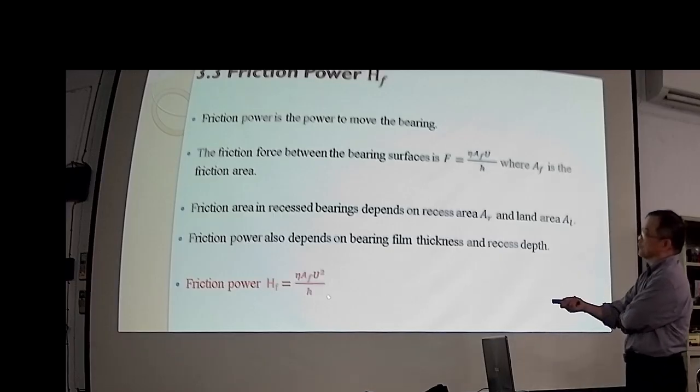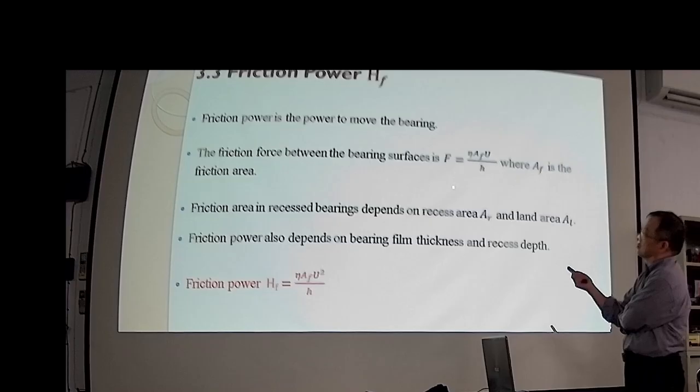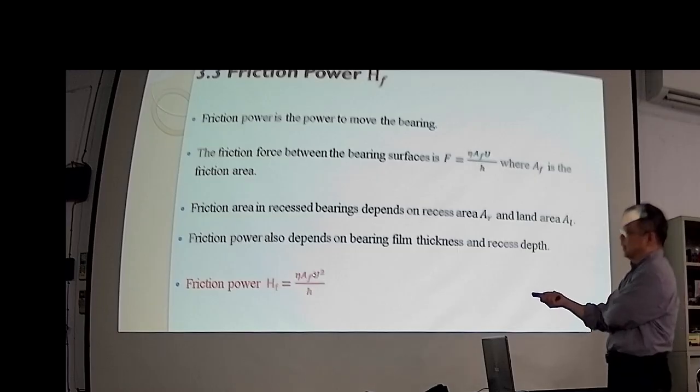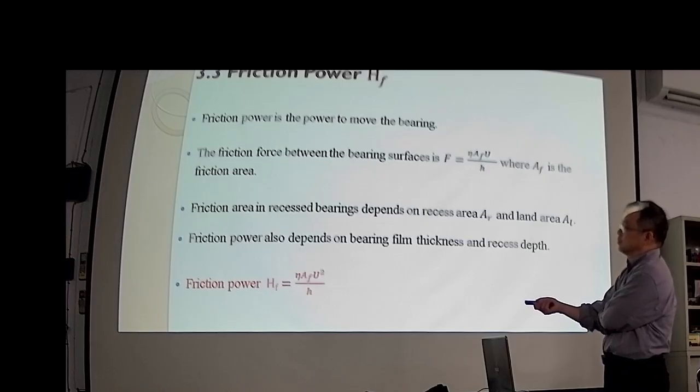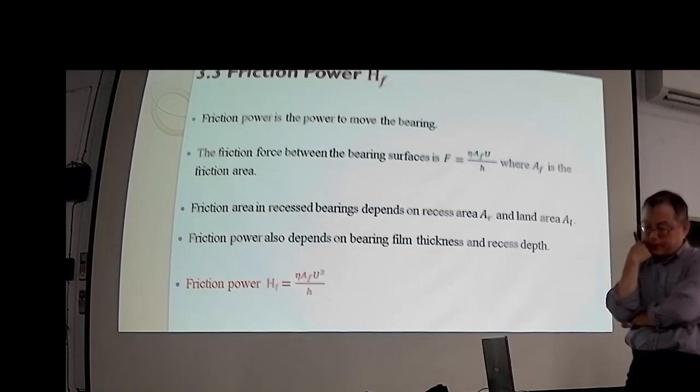The friction power is the friction force multiplied by the velocity. So it equals eta multiplied by A and U squared, divided by h. This is the friction power for the hydrostatic bearing.